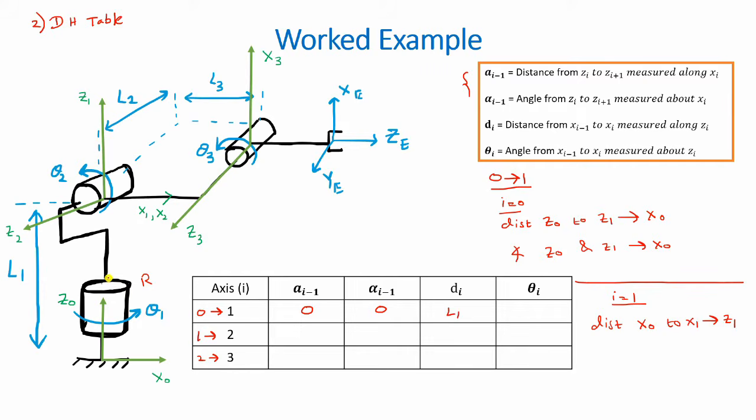However, the value still exists due to the offset created by the link structure. And the final value would be the angle between x0 and x1 about z1. So if x0 was stationary, x1 could rotate in relation to x0 about z1 with an angle theta 1. So this value would be theta 1.